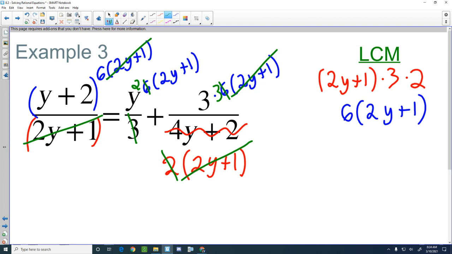Once you do, we rewrite this new equation with just the numerators, the parts that we didn't cancel out. So that first fraction, we've got 6(y + 2). Then we have an equal sign.